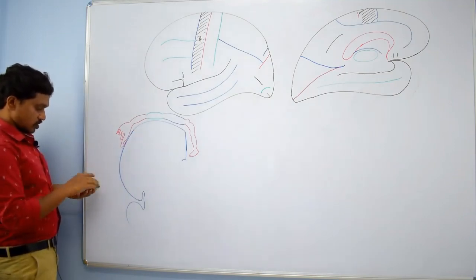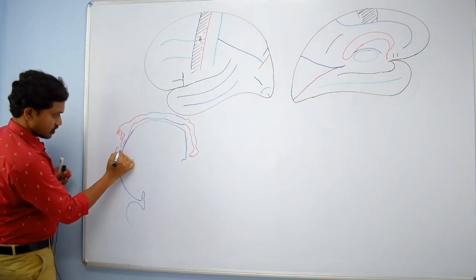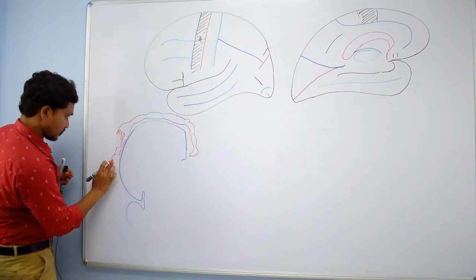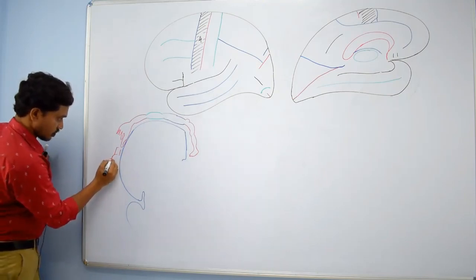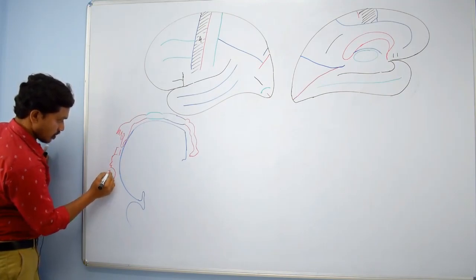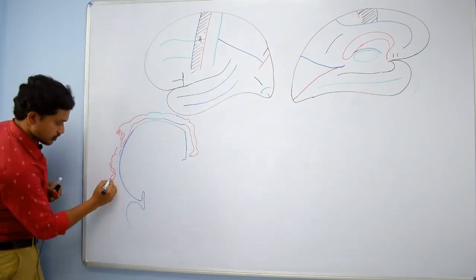Then neck, this is neck, then face. And this is mouth. I am drawing very big lips.